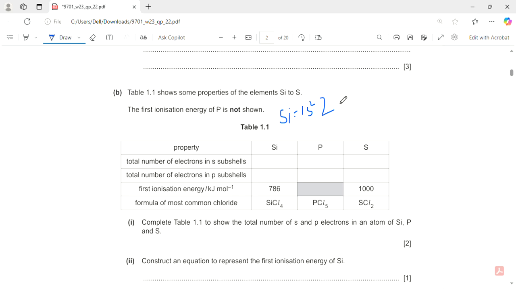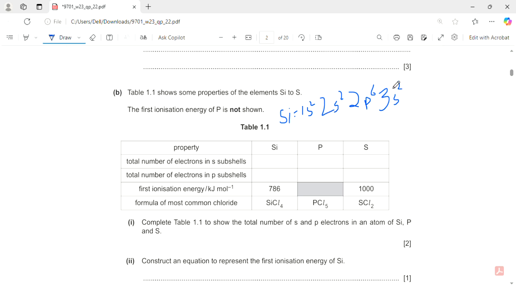So 2s2, 2p6, 3s2. How many electrons are there? 6, 8, 10, 12.